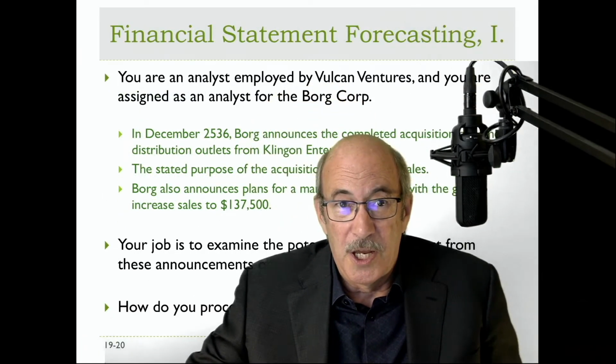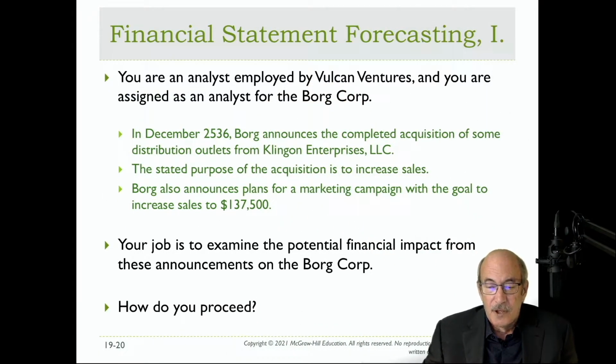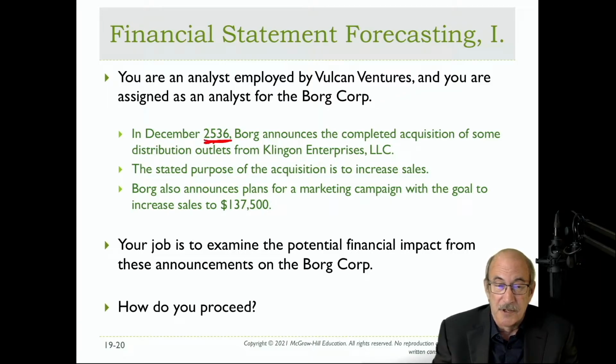Okay, so financial statement forecasting. They're going to use this example. Suppose that you're an analyst employed by Vulcan Ventures, and you're assigned to analyze the Borg Corporation. This is a few hundred years out into the future, so we're out in 2536. Borg announces a completed acquisition of some distribution outlets from Klingon Enterprises.